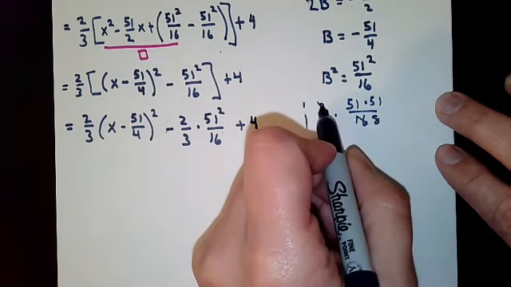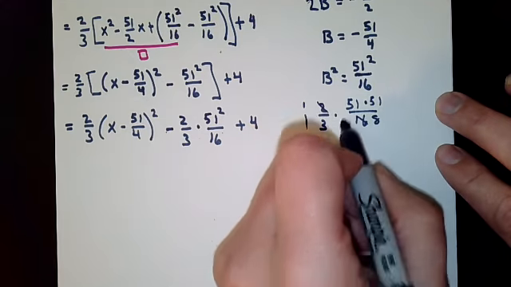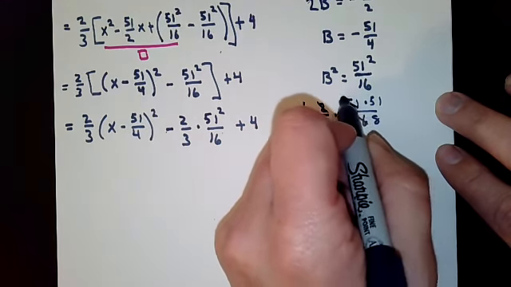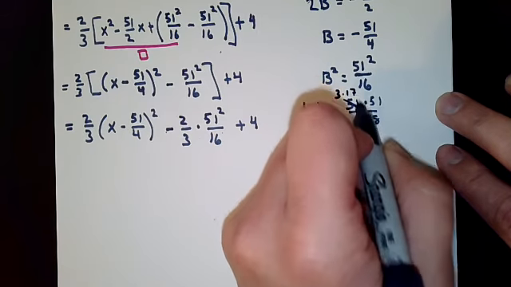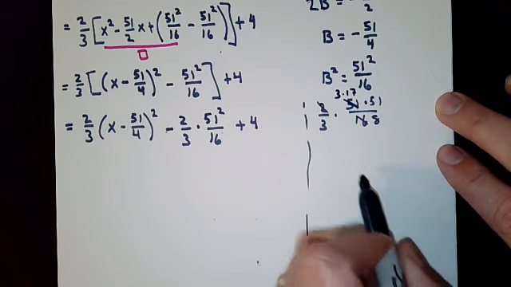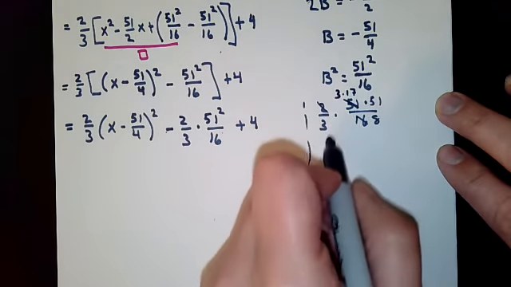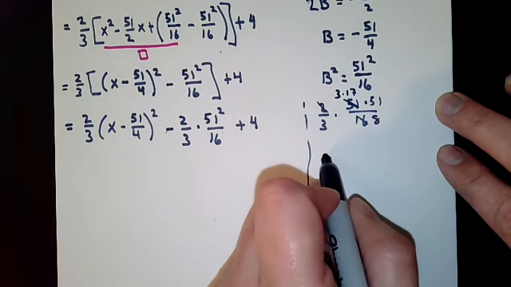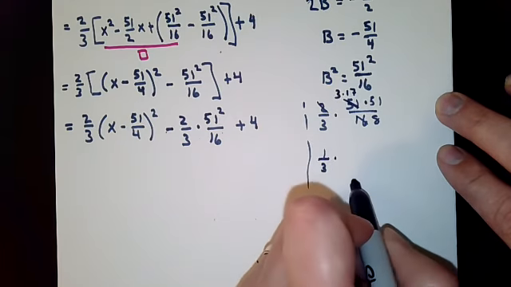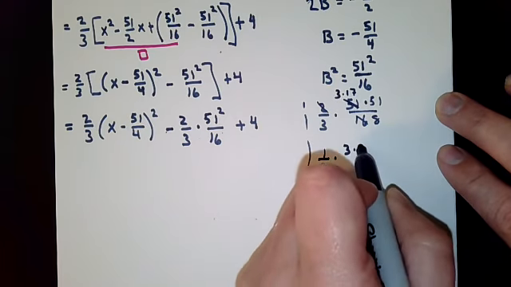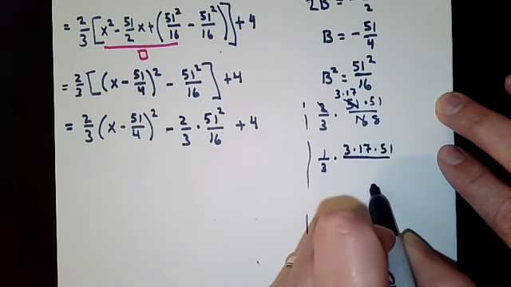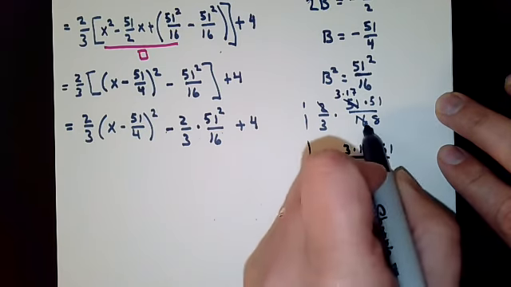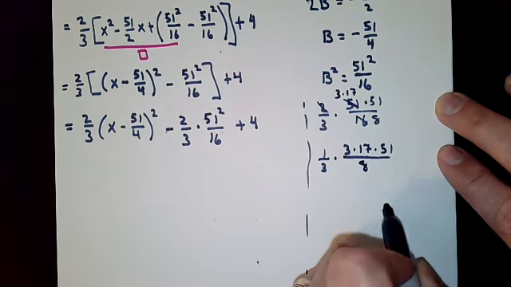That means one of these 51s we can write as a 17 times 3. So let's see, this would then be, let's do this one, write that one as a 3 times 17. And so what we have now is we got rid of that 2, so it's a 1/3 times a 3 times a 17 times a 51 over the 16 reduced down to an 8.